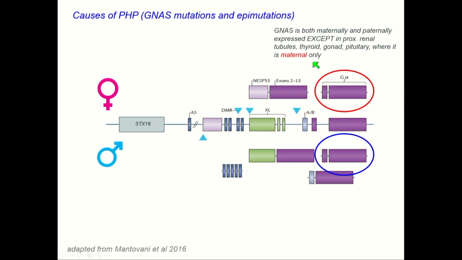The one you need to focus on here is the GSA transcript. It's actually expressed biallelically in most tissues. It's monoallelically expressed only in renal tubules, thyroid, gonad, and pituitary, and it's maternal only. So it's an unusual imprinted gene. This is the main reason why these phenotypes are a little bit complicated to look at.